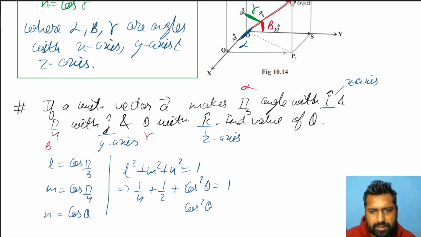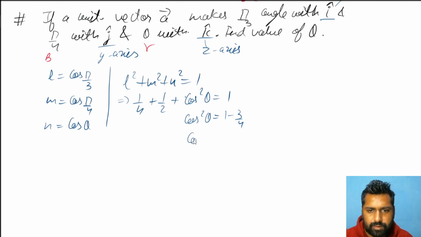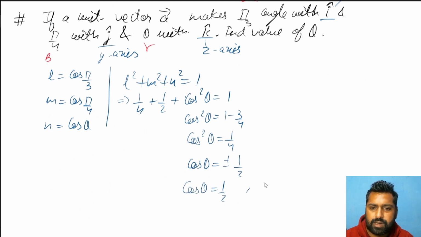So cos square theta is 1 minus 3 by 4. So cos square theta is 1 by 4. Cos theta is, remember square is there, so plus minus 1 by 2. So you should get two values, cos theta is 1 by 2 or cos theta is minus 1 by 2 also.